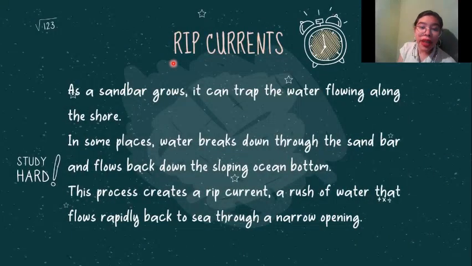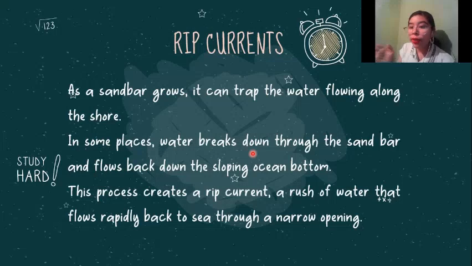Then we have the rip currents. Rip currents happen when a sandbar grows and can trap the water flowing along the shore. This one is very important, so let's pay attention. The sandbar grows, it traps the water flowing, and in some places, the water breaks through the sand and flows back to the ocean.